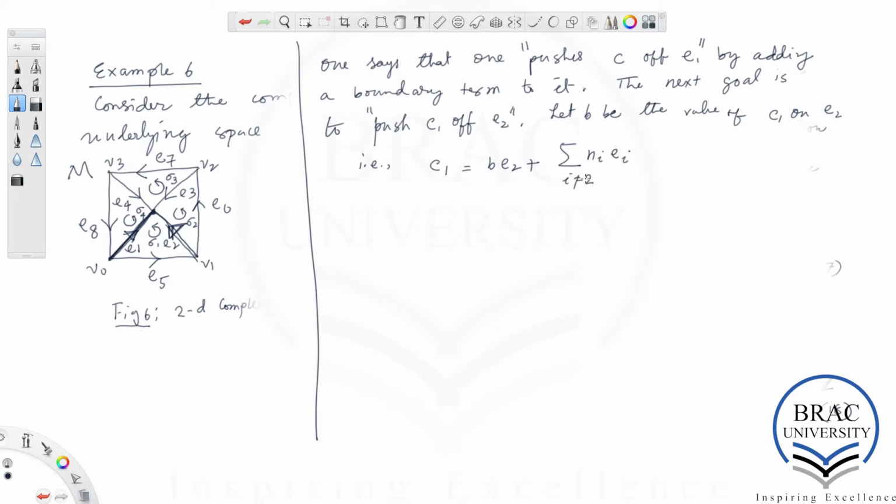2. Okay, because I extracted out the E2 part here, so there is no E2 part here, and where Ni's are all integers. This is equation number 18.